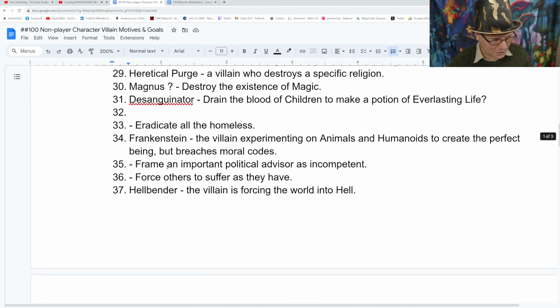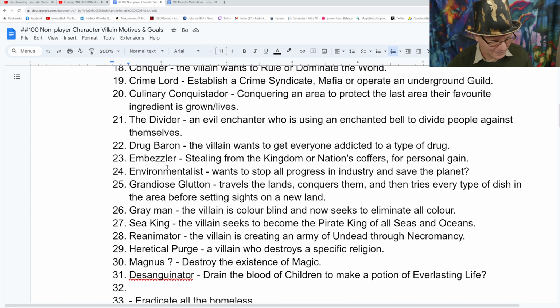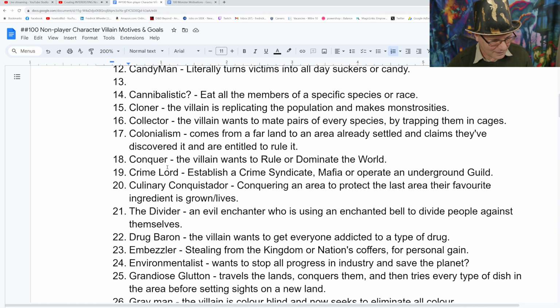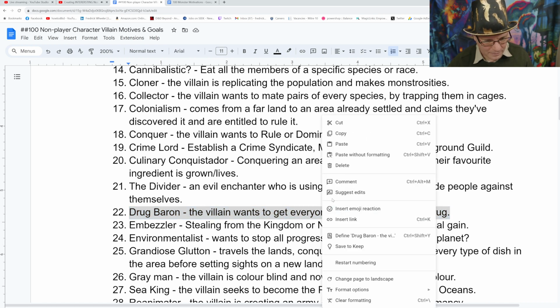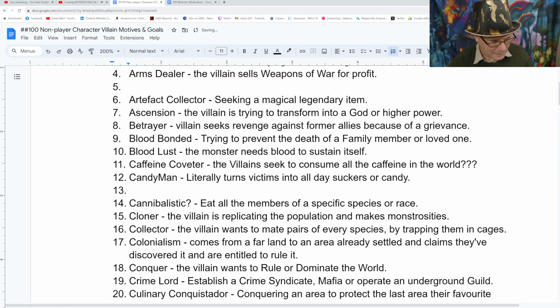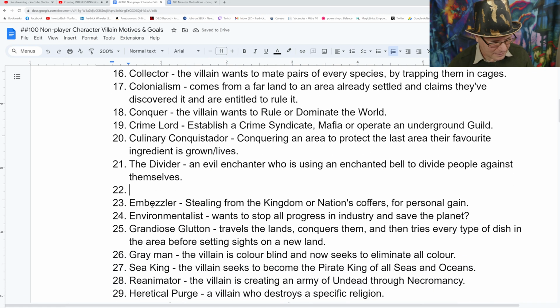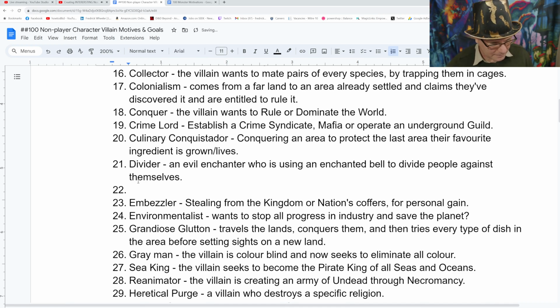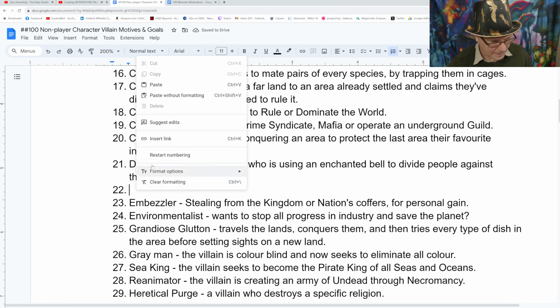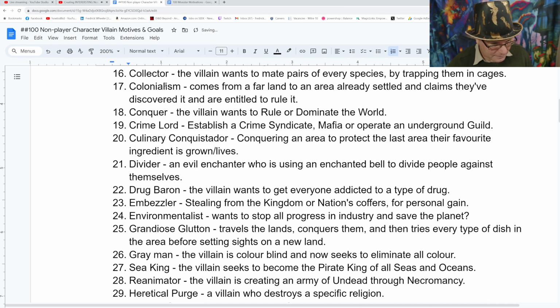There is so much going on here. Embezzler, drug. Okay, so D for drug dealer, drug baron. We've got drug baron. Cut. D. The divider. I don't want the divider, just the divider. Okay. And then paste.